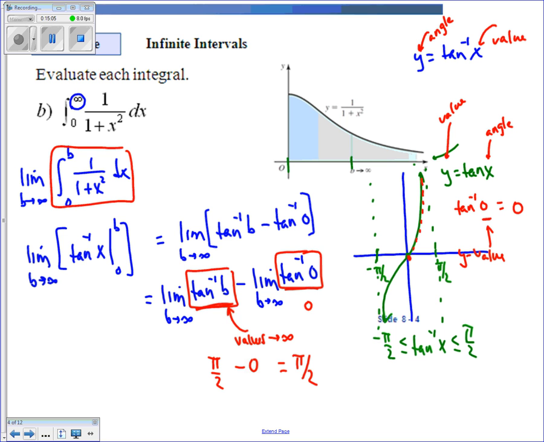Even though you're going continually further and further out and adding a little bit more area, that area is tapering off so quickly as you go further out the x-axis that it's never actually even reaching pi over 2. It's going to be a little less than that, and it's getting closer and closer to pi over 2 the further out you go. So that's what we mean by this integral converges, and it's convergent to the value pi over 2.